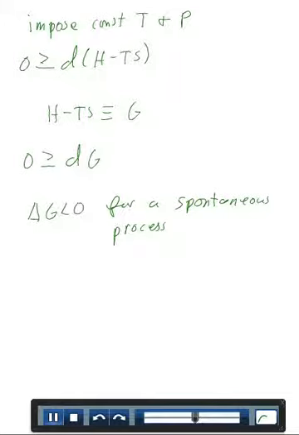What is a spontaneous process? It is a process that occurs in the natural direction of the universe. It doesn't say how fast it's going to occur, but just that it wants to occur. Now let's consider an example. Let's say we have a mountain, and in the mountain we have a lake here at the top.